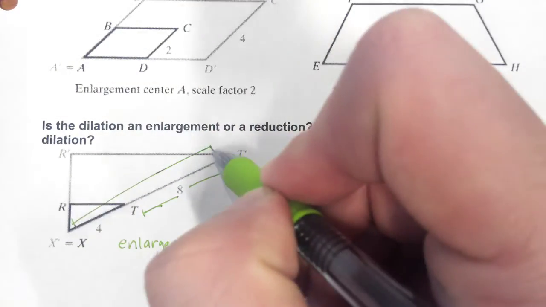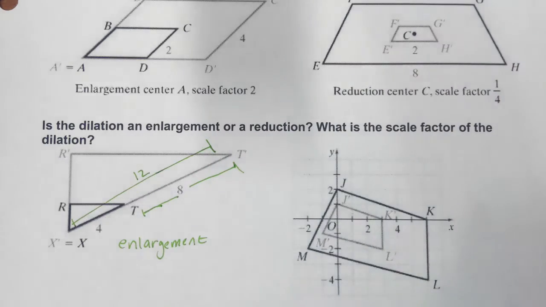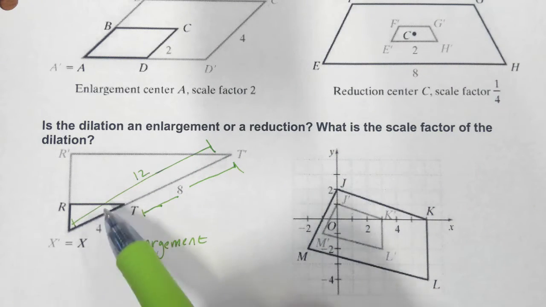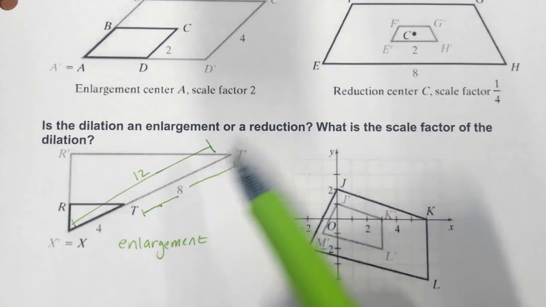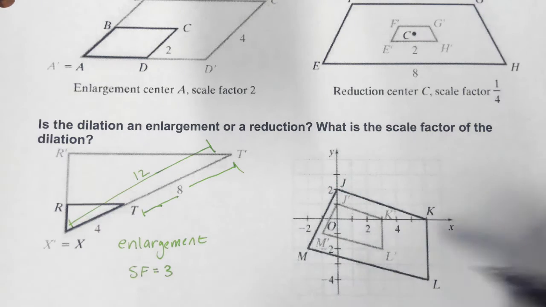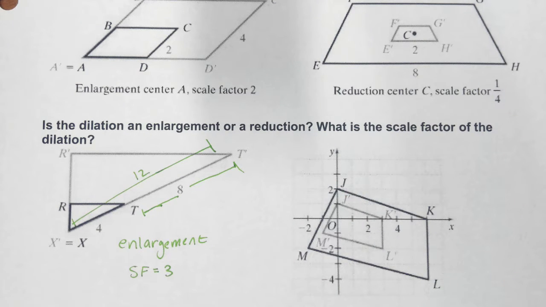So if the original length of the corresponding side is 4 and the new length is 12, that's a scale factor of 3. I just say SF for scale factor is 3. So that's how you do it on a picture like that.